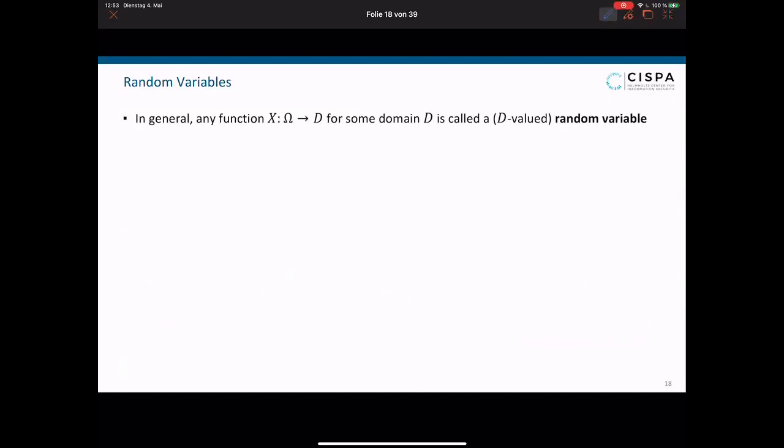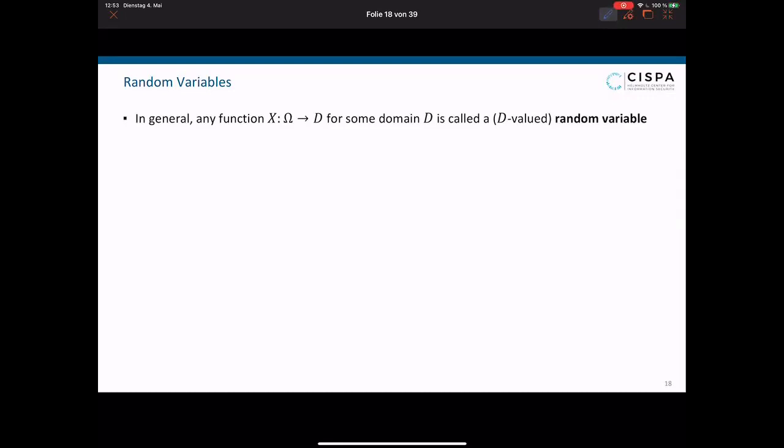So far I've always been talking about events, but in general, it will be helpful to look at events that are not just true or false, but that could, in some sense, have several outcomes. And if that's the case, we don't call these things events, but random variables, right?